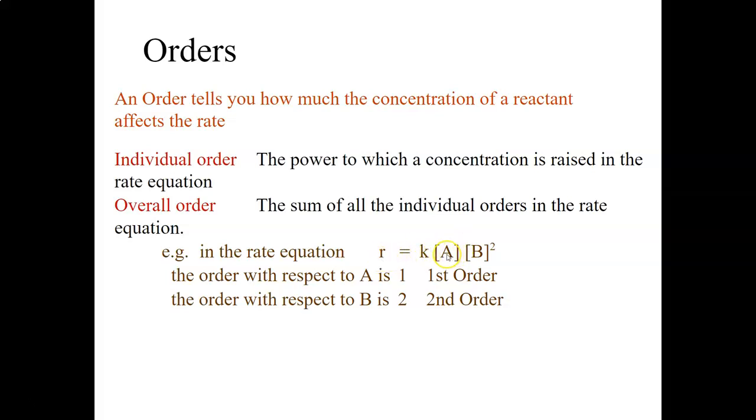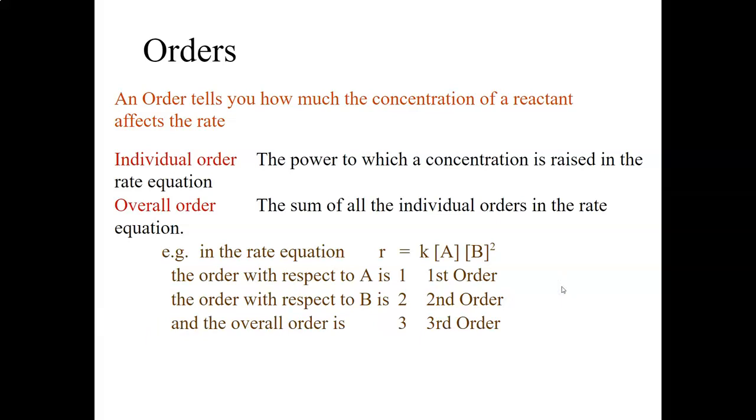So if I double A in this instance, the rate will double. But have a think here. If I go from 2 to 4 with the concentration, the rate is proportional to B squared. So if I double the concentration, the rate will be quadrupled, 2 squared. But more on that in a bit.